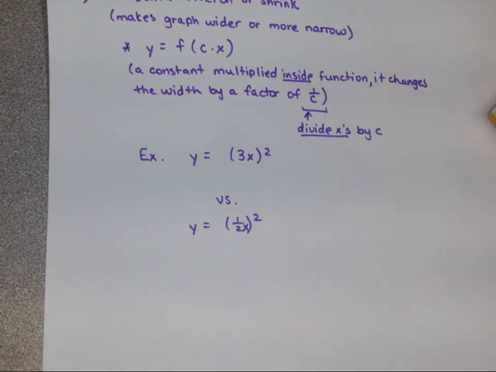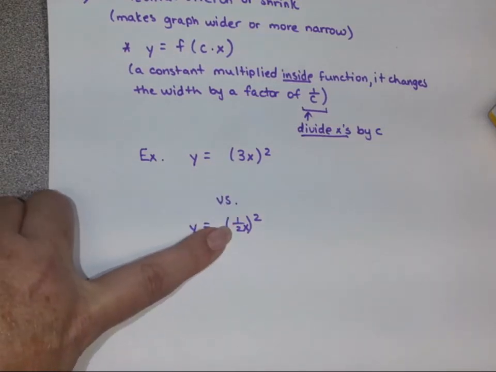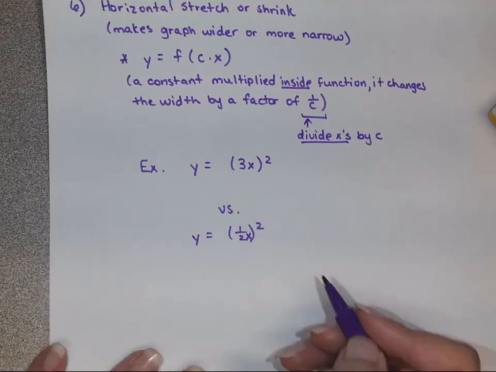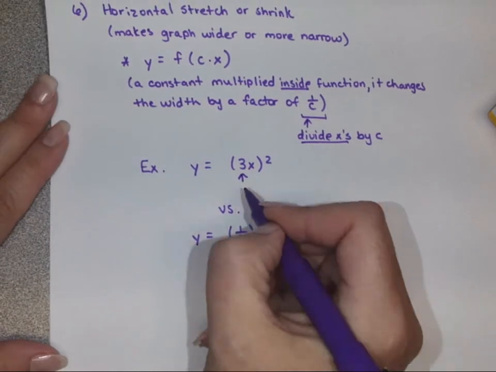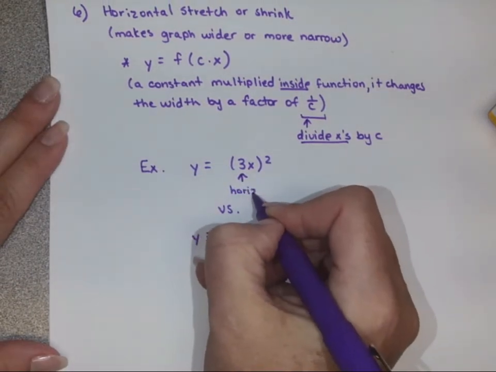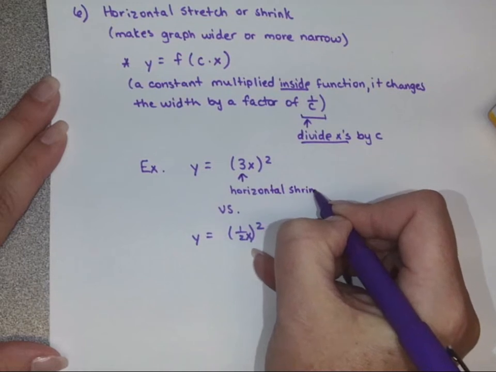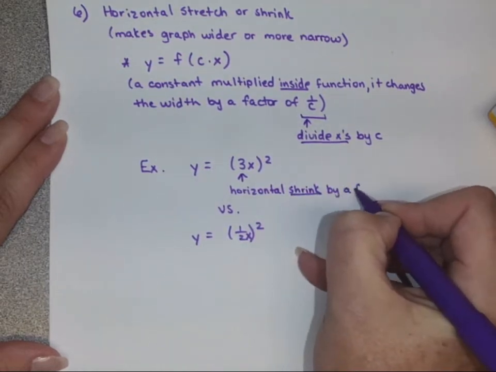Because of the squared. How do we notice that these are different than the vertical stretches before it? Where's the 3 and the 1/2, as opposed to what it was before? They're inside, right? So the difference here is just what I said. It just works opposite to the way that you might think. This is actually a horizontal shrink, even though we might think it would be a stretch. It's actually a horizontal shrink by a factor of 1/3.